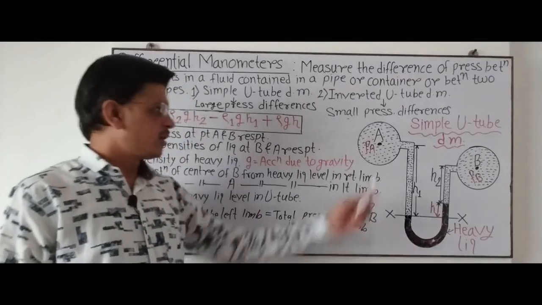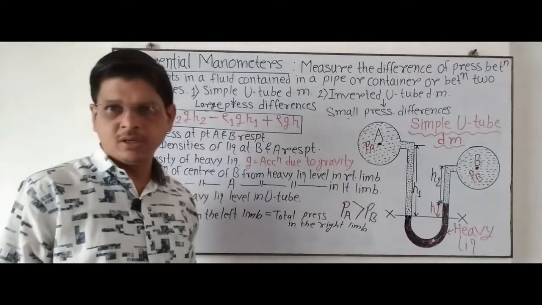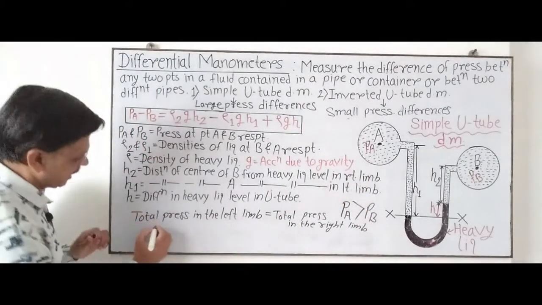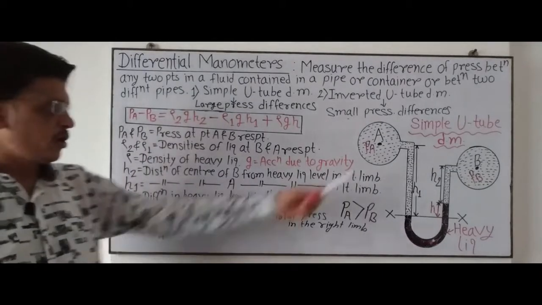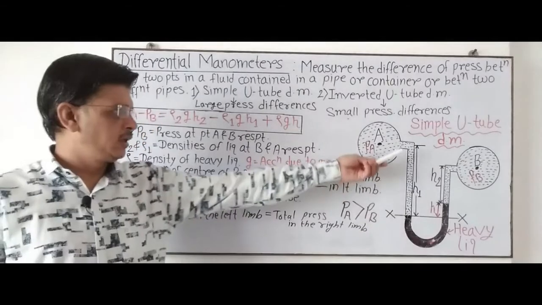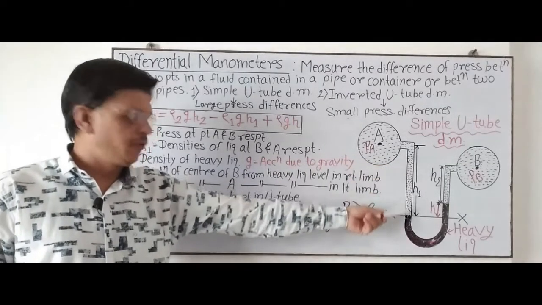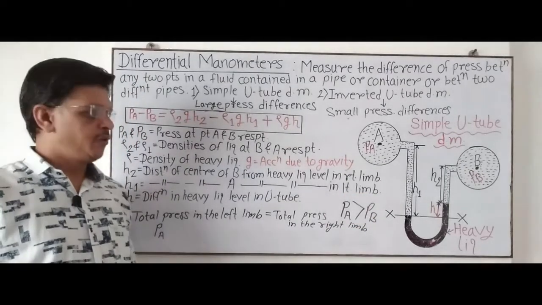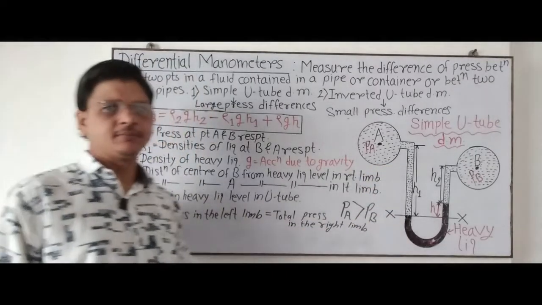Already we know that certain amount of pressure is acting in the pipe, that is PA. Write it as PA, that is pressure acting at the point A in the left limb according to height of the liquid H1. We can provide the pressure which is acting inside the left limb only.